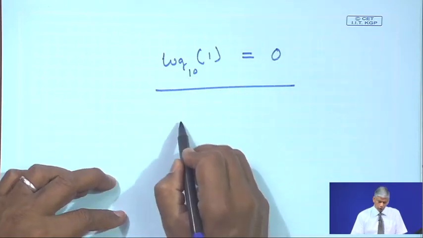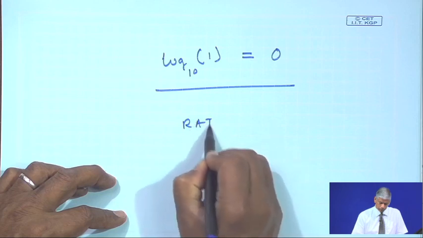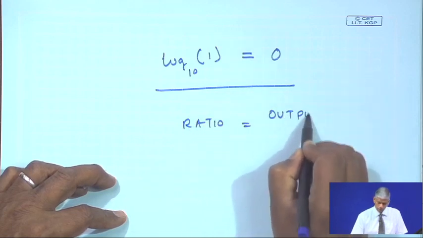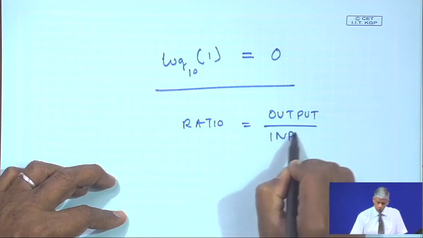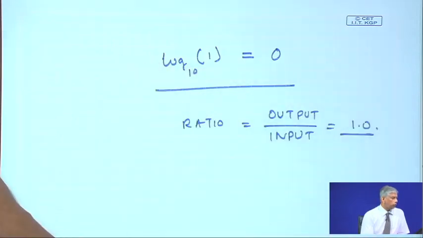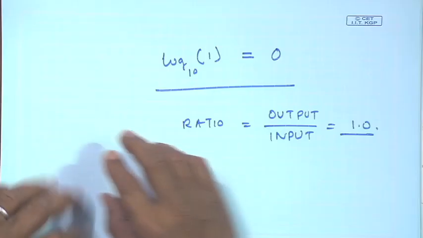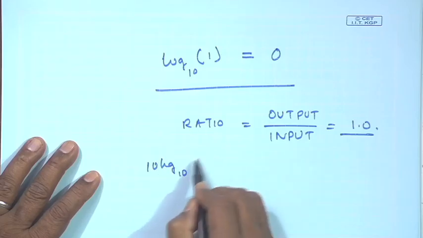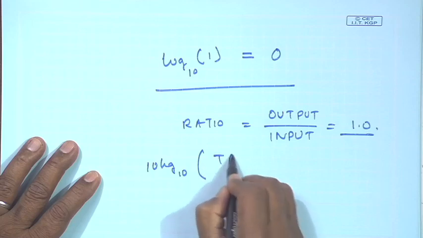Okay. So, when the ratio of output by input becomes 1, when output is equal to input, this is represented by 0 decibels. So, when I say magnitude here, it is 10 log 10 of the transfer function.